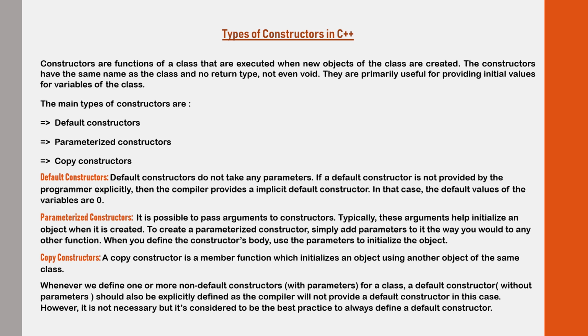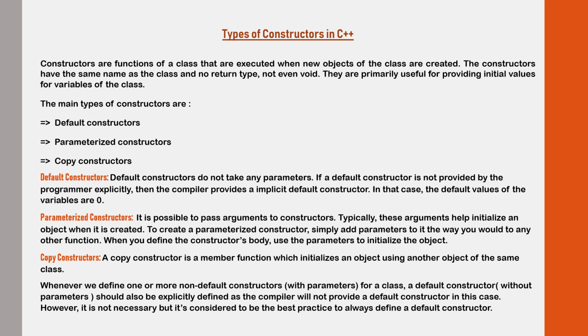In the special member function lecture we have also seen that we pass parameters in the member functions of the class, and we have also seen functions without parameters. So we know that a constructor is also a special member function, so the format we will follow is the same as the member functions of the class.